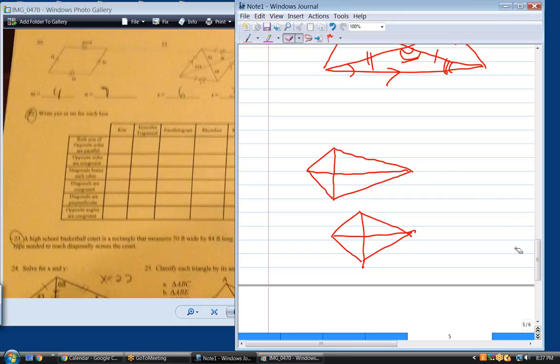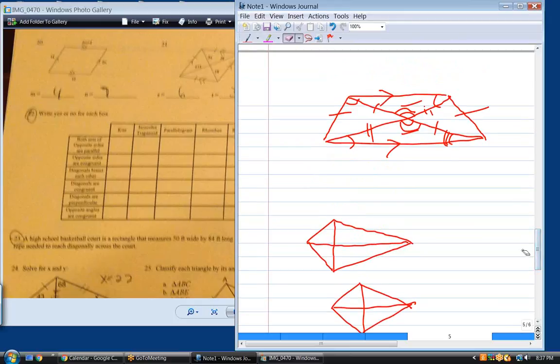Parallelogram. Well, did we say isosceles trapezoid? No, that was next. Yes or no? There's our isosceles trapezoid. Would that be yes? Uh-huh. Parallelogram? Yes.